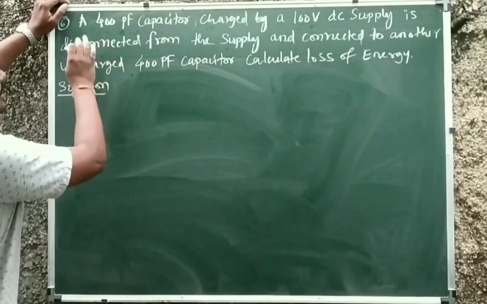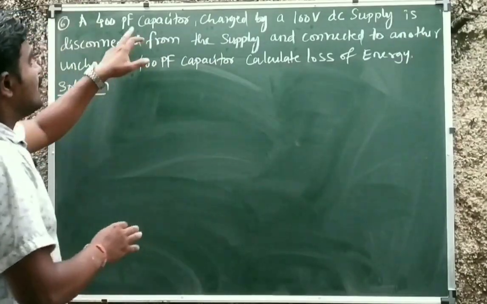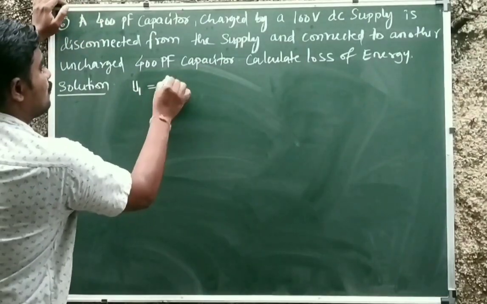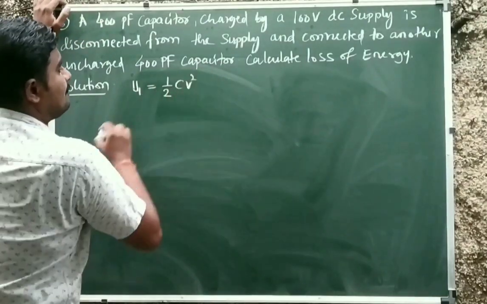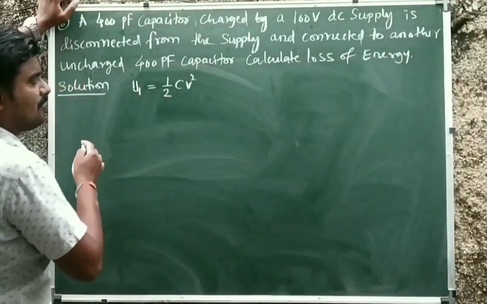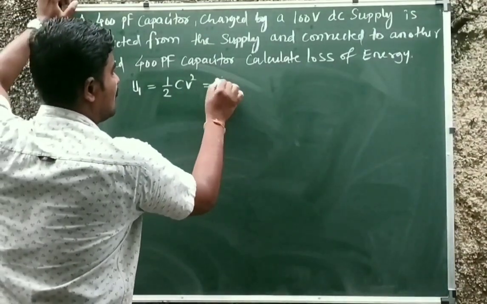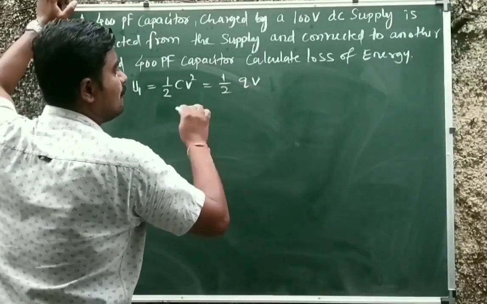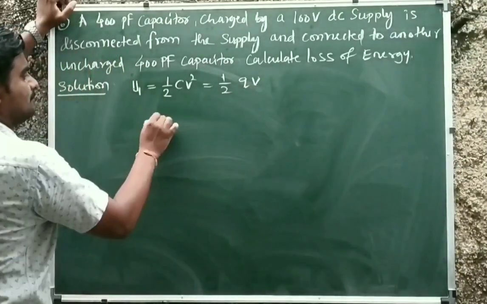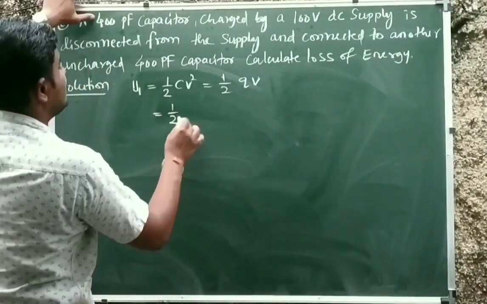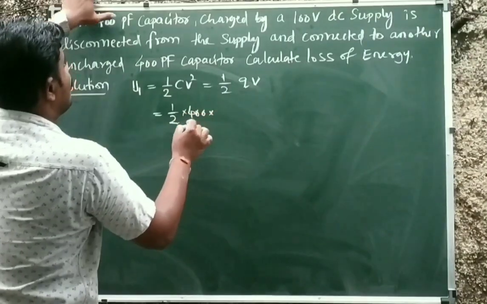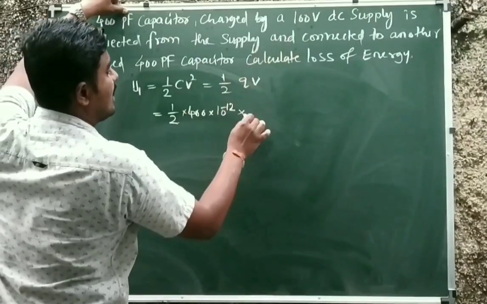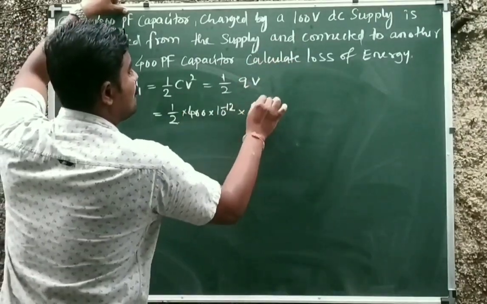So first we shall calculate the total energy of the charged body. Let us call it U1. U1 is equal to 1/2 CV². Actually, this is the formula for energy stored in a capacitor. One more formula is there, 1/2 QV, where Q is equal to CV, and Q times V gives V². So 1/2, C value is 400 pico, pico means 10 to the power minus 12, and V² is 100 into 100, which is 10 to the power 4.